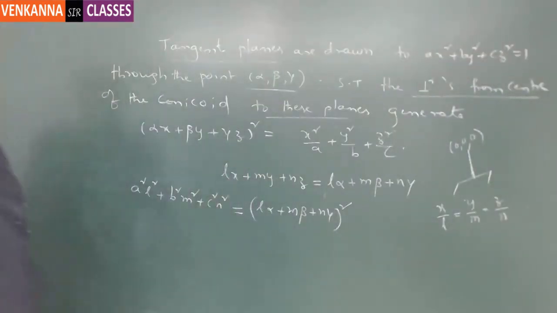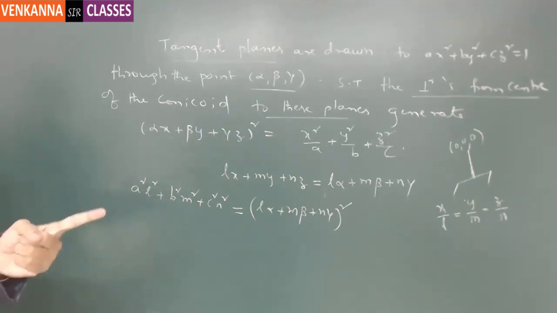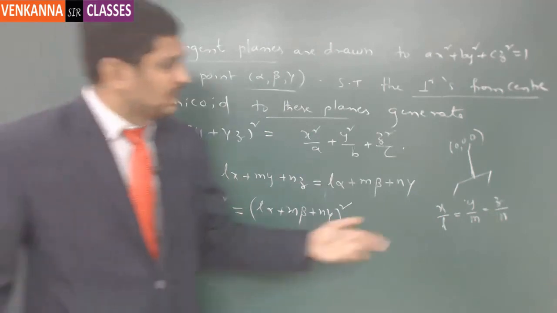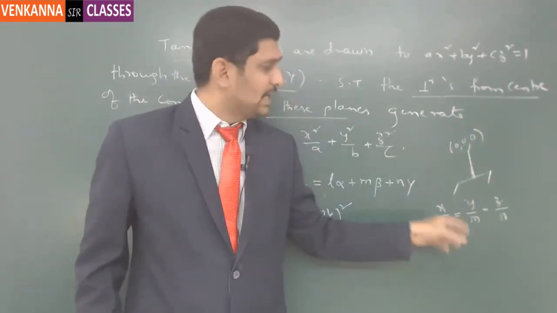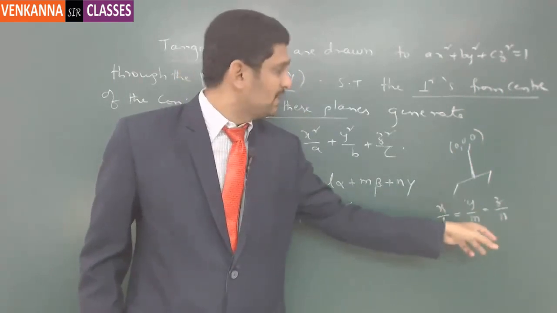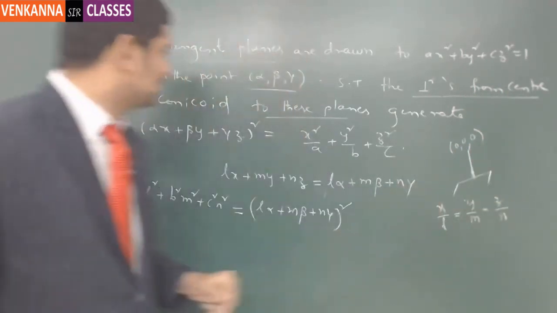Say, yes or no? I have written a normal equation from origin to the plane. So here L, m, n values, you take the proportional values. L is nothing but x, m is nothing but y, n is nothing but z.